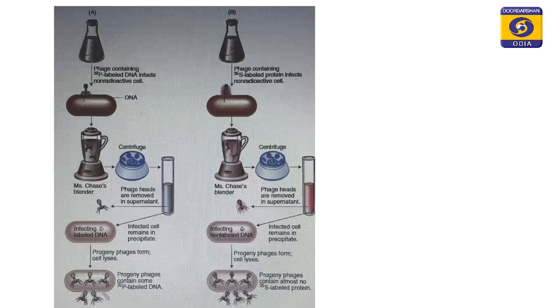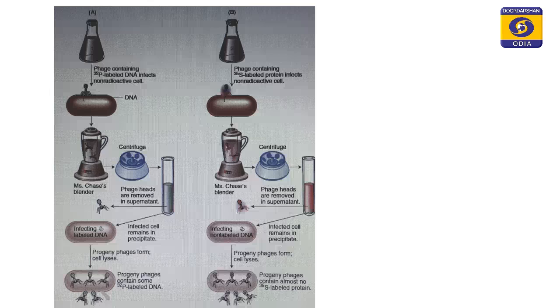And in the other set, when S35 was labeled, these phages were allowed to grow on the bacteria, subjected to shearing force, and centrifuged. The pellet did not have any radioactivity, rather radioactivity was found in the supernatant, the upper portion, and the upper portion belongs to the coats, the protein portion.